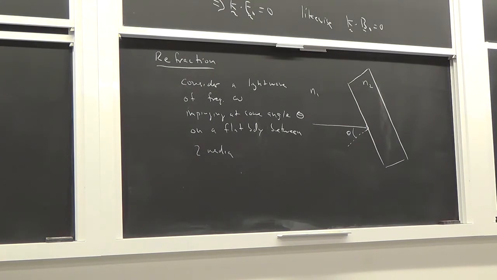That's all that appeared in the wave equation was this epsilon times mu, which is one over the velocity squared, where the velocity is c over n. So the difference between these two media is basically that the speed of the wave is different in the two media.